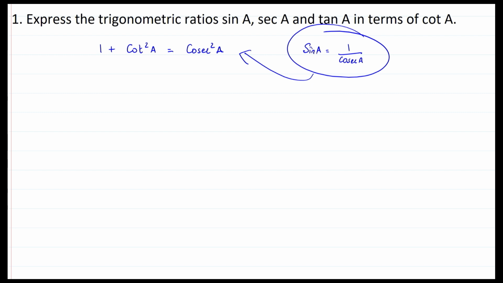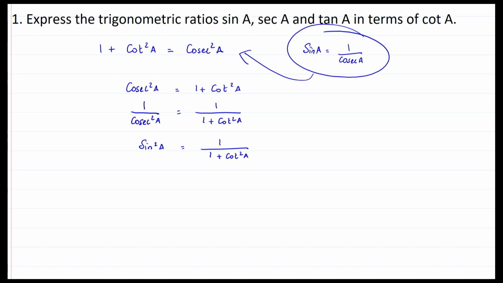So we can write this as cosecant square A is equal to 1 plus cot square A, or if we write 1 by cosecant square A, it will be equivalent to 1 by 1 plus cot square A. 1 by cosecant square A will be equivalent to sin square A. That equals 1 by 1 plus cot square A.